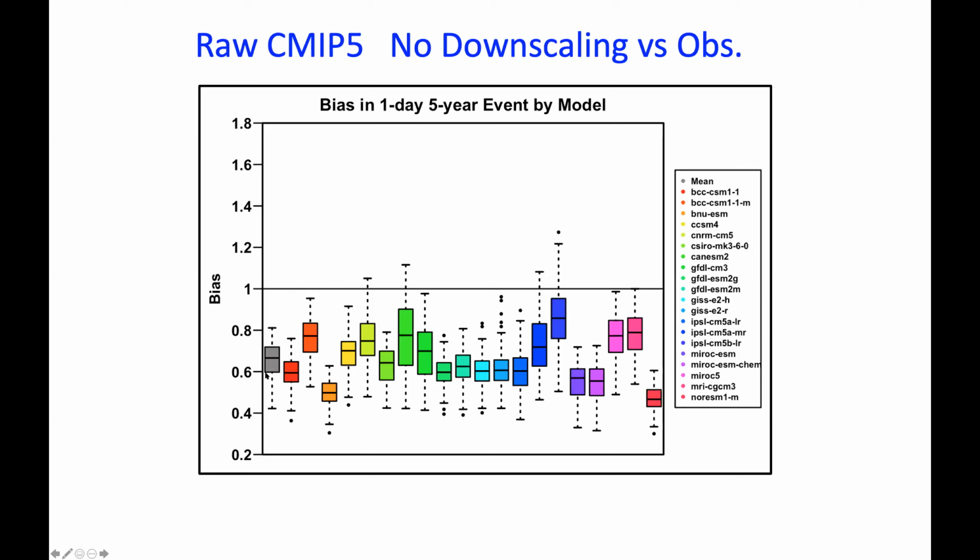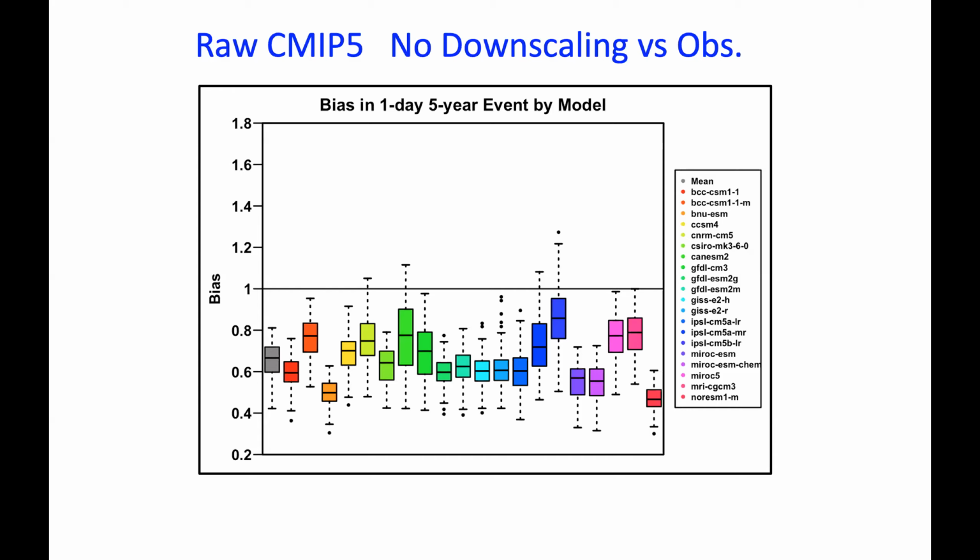The gray bar that always appears on the left is just a simple average of these models. So if we average the daily values from these models together, that's what we get. And in terms of the box plots, what we were looking at here in our work for New York is extreme rainfall values at about 50 stations in the state.